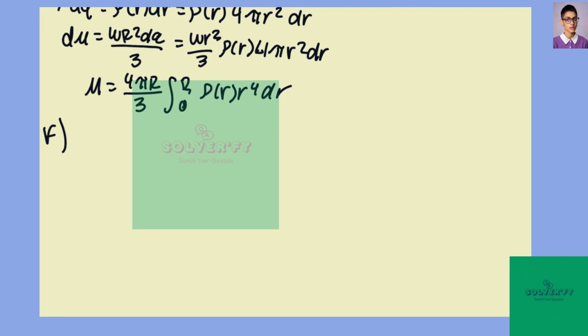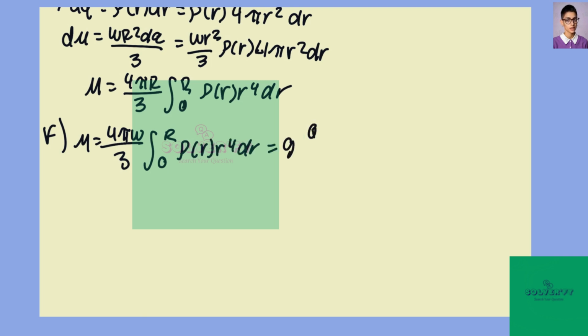For part F, we want the g-factor, so we need to use the results from part E. So 4πω divided by 3 times the integral from 0 to R of ρ(r) r⁴ dr is equal to g times Q divided by 2M times L, and that's equal to g Q divided by 2M times Iω, and that's equal to g Q divided by 2M times C M r² ω.